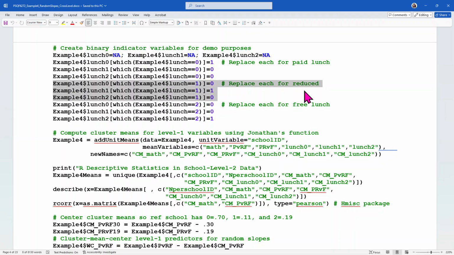And what is the proportion of those who get reduced? How does that impact the outcomes? Yes, yes. So we're talking about computing the school proportion of each of these binary variables and potentially correlating that with cluster mean math or the school level math outcome. Yes, I think you can do that to the extent that you're comfortable with the zeros and ones.